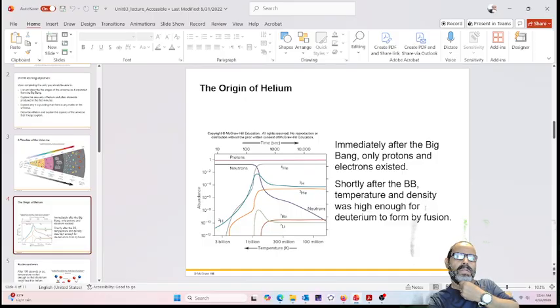As the temperature got colder and colder, basically dropped down further, then the protons start to form heavier hydrogen isotopes, deuterium, through the processes of fusion, and then those form helium.